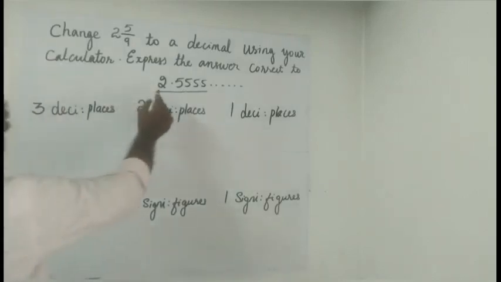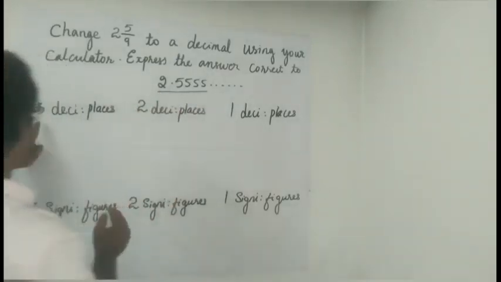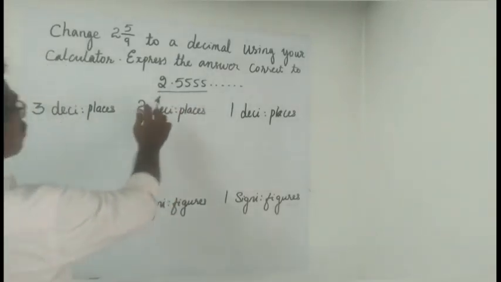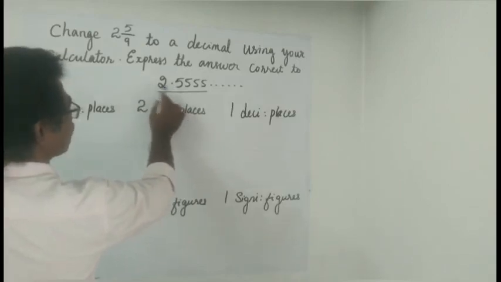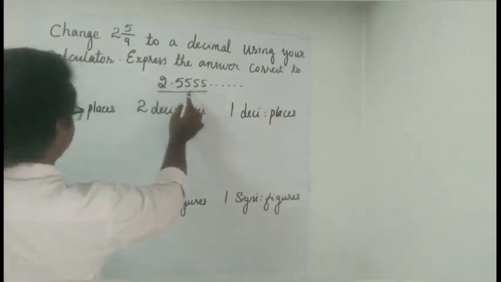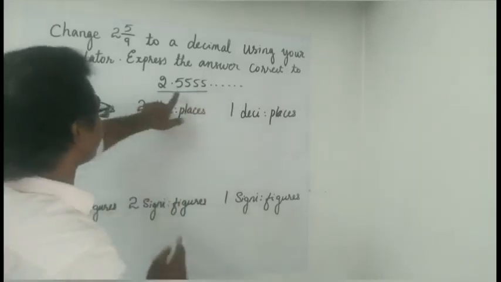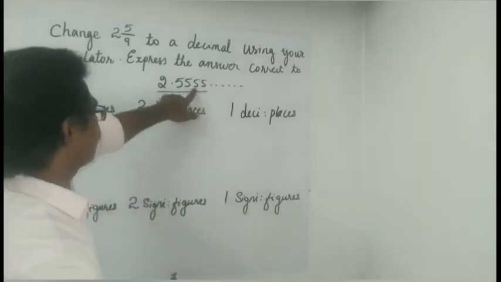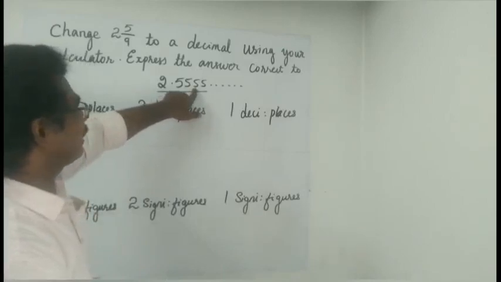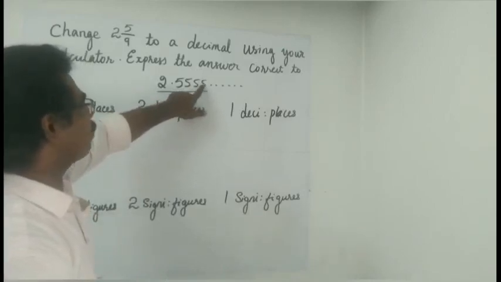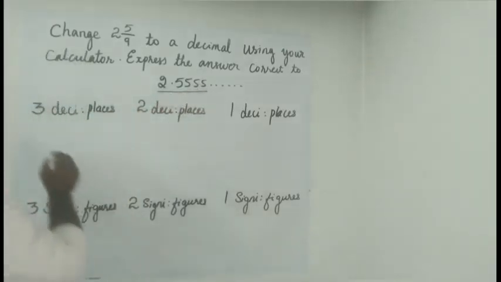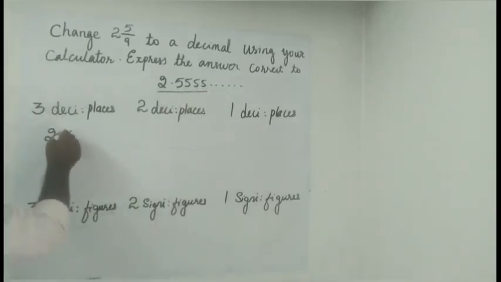So how will you get 3 decimal places from here? This is the whole number part and this is the decimal part. So collect 3 decimal places, so focus on 3 digits. After 3, there is 5. So you have to add 1 to this number. So 2.556.